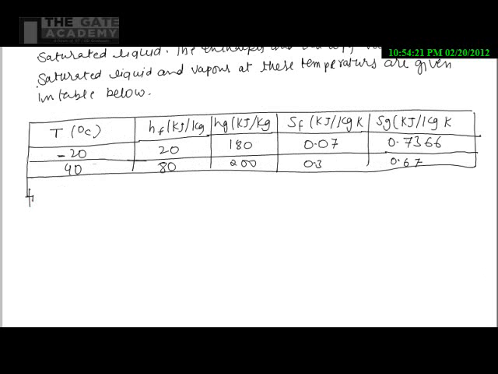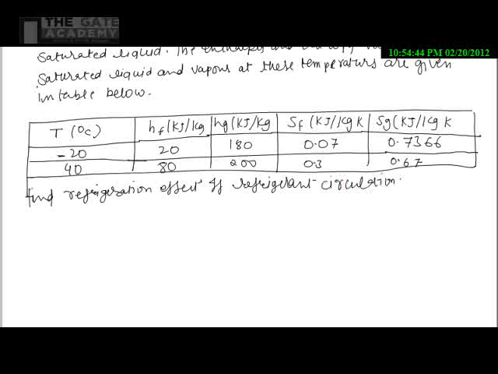So find the refrigeration effect if the refrigerant circulation rate is 0.025 kilogram per second, and also find COP.